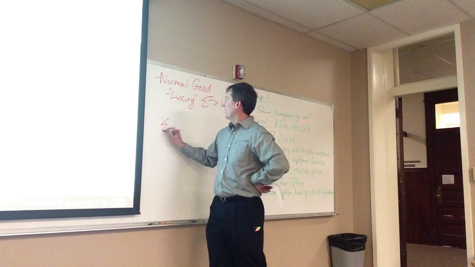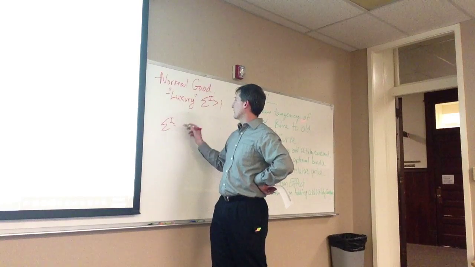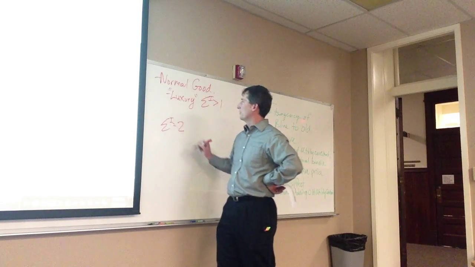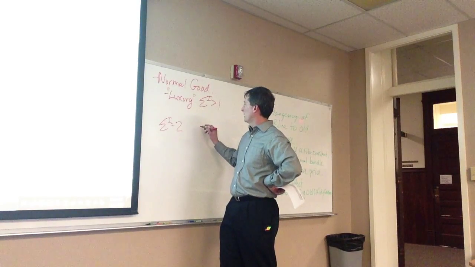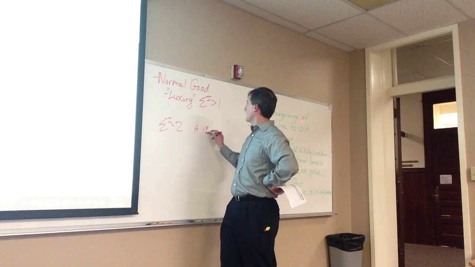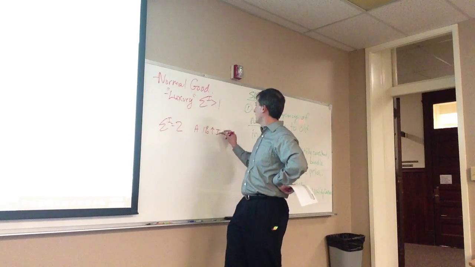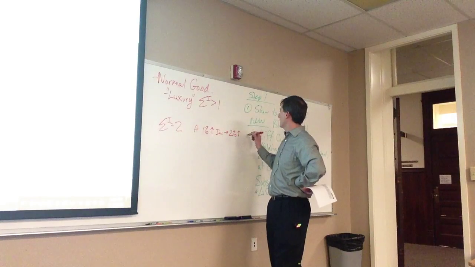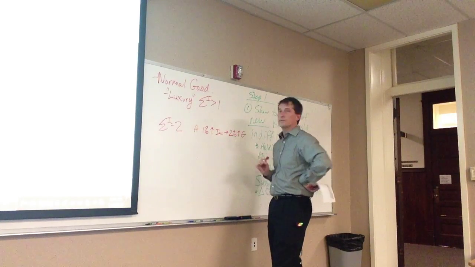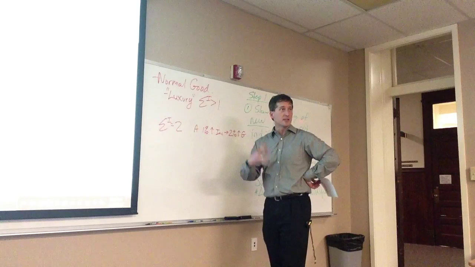If we say the income elasticity for golf is 2, then a 1% increase in income leads to a 2% increase in golf. So you're being really responsive to an income change.